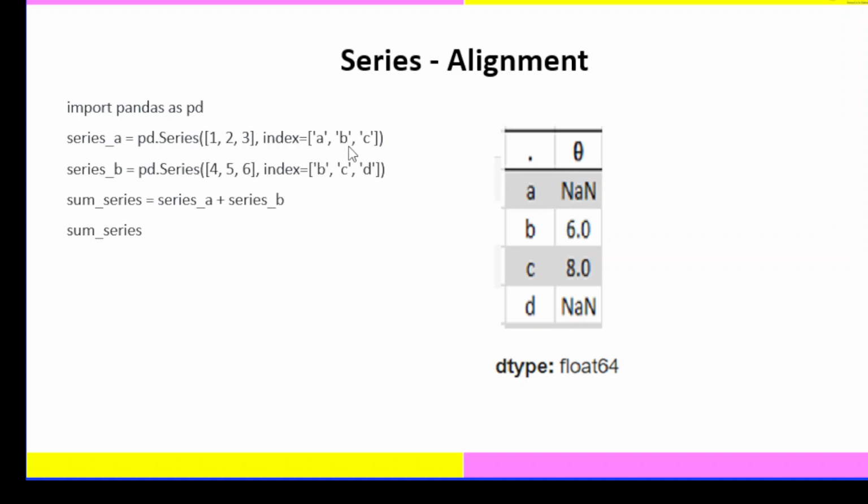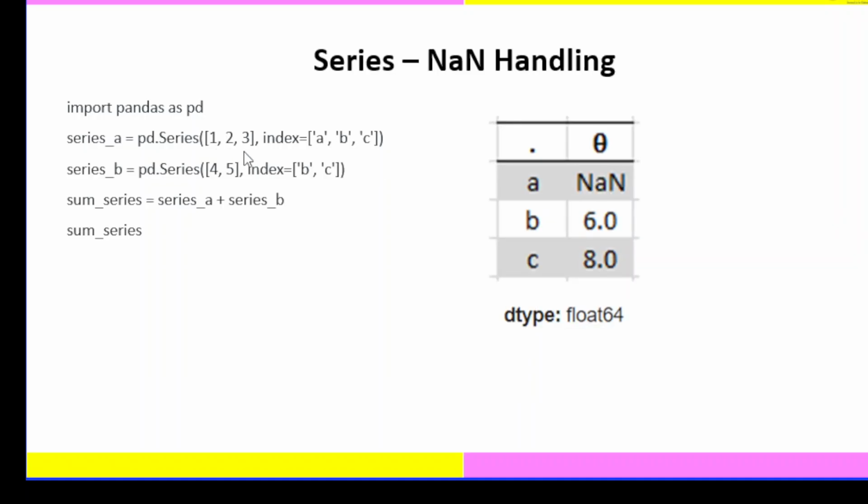Whereas for B and C we have data in both, so it adds the respective data and gives you the result. And as we said, NaN handling is also possible.